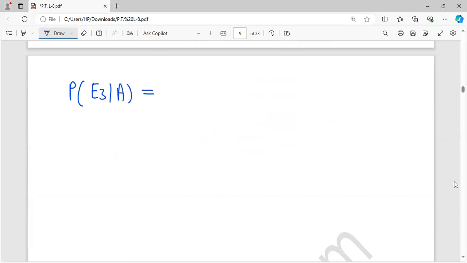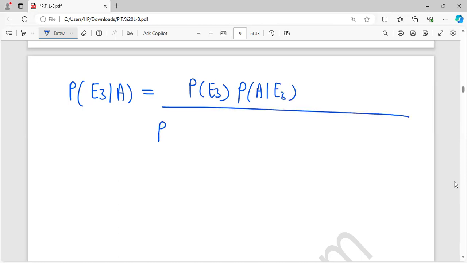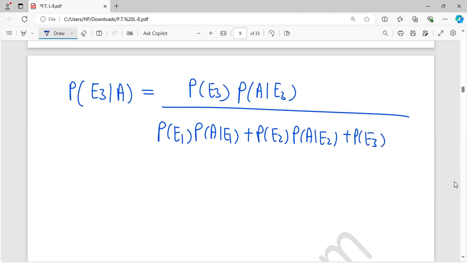So this is P(E3) P(A relative to E3) upon P(E1) P(A relative to E1) plus P(E2) P(A relative to E2) plus P(E3) P(A relative to E3).